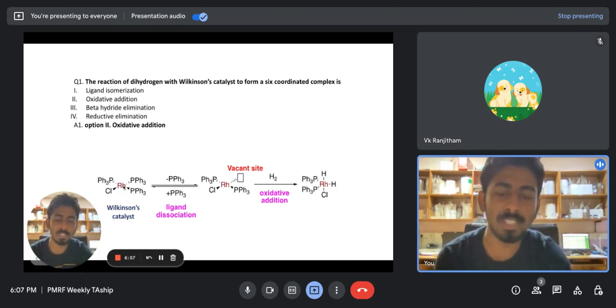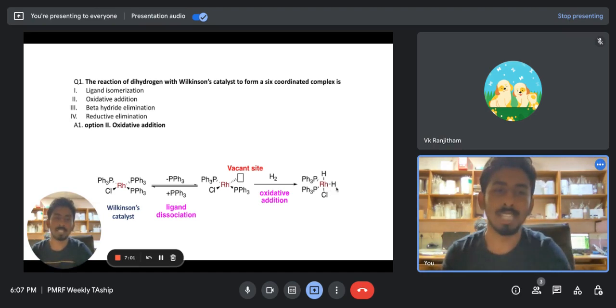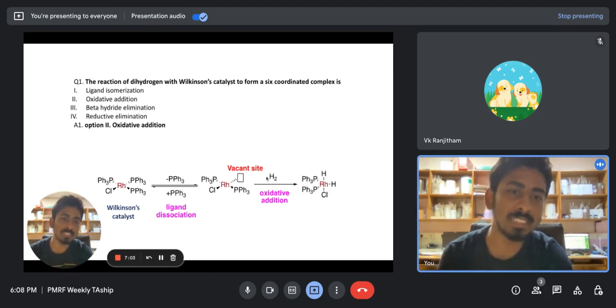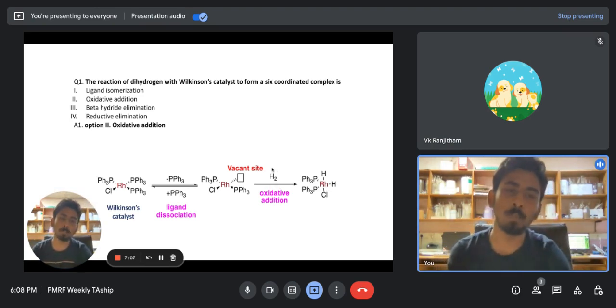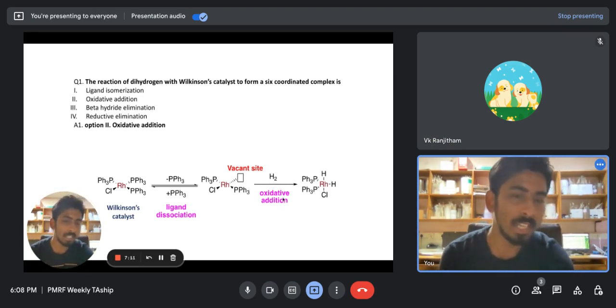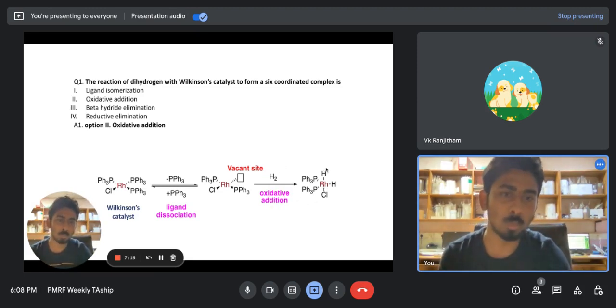If it is rhodium +1, it will go to rhodium +3. Since dihydrogen is a non-polar, homonuclear, linear molecule, non-polar molecules get oxidatively added in a cis fashion. That's why these two hydrogens are cis in orientation.